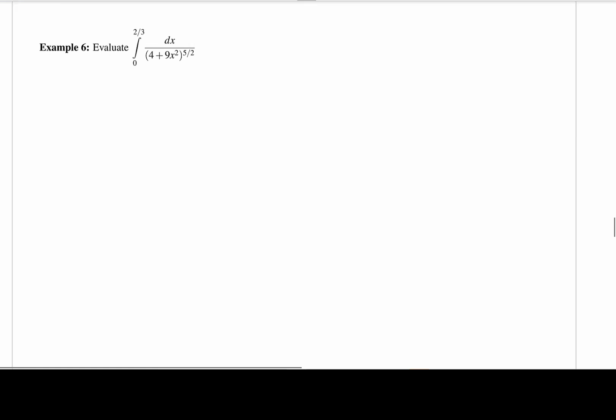Now moving on to example 6, we'll get another chance to practice these definite integrals. The first thing I'm going to do is change this to look like something that has a square root. So this to the 5/2 power means I'm taking the square root of 4 plus 9x squared to the 5th.